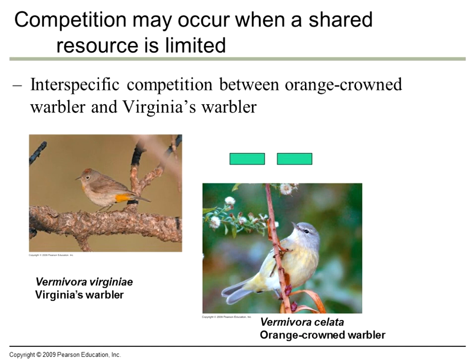So we look at the first form of interspecific interaction as direct competition. Competition may occur when a shared resource is limited. We mentioned the wood warblers, how they feed at different parts of the forest.